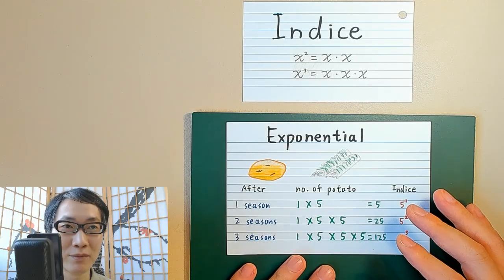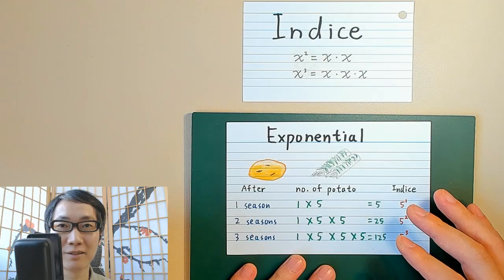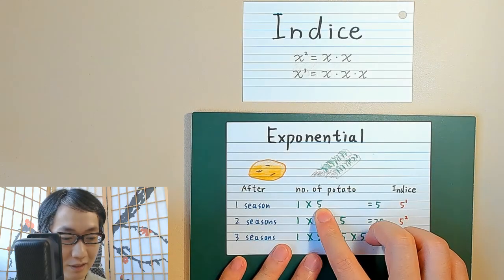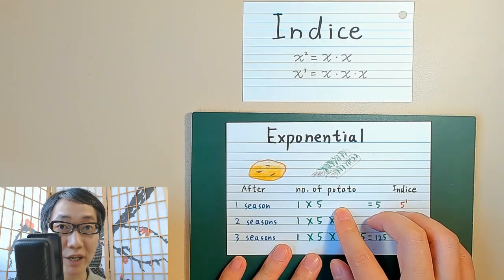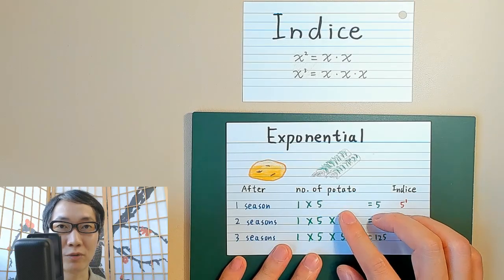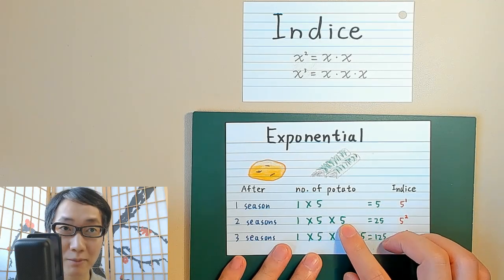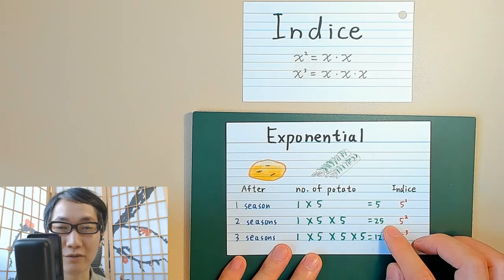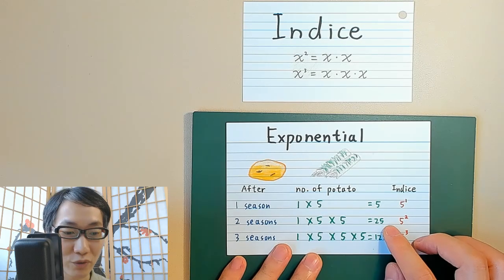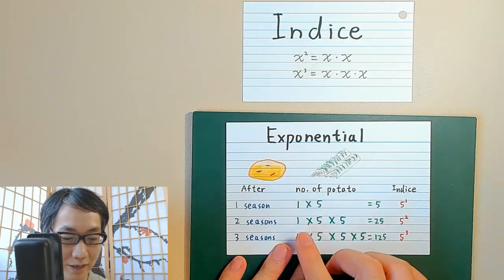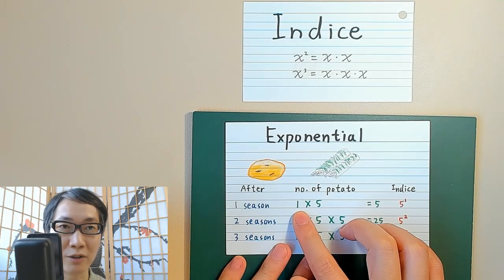So what will we get next season? 5 times 5, right? If this land gives a multiplication of 5 times the potatoes, then if we plant the 5 back, we will get 5 times more, 25. So 5 here is called the exponential factor, and the 1 here is the initial value.